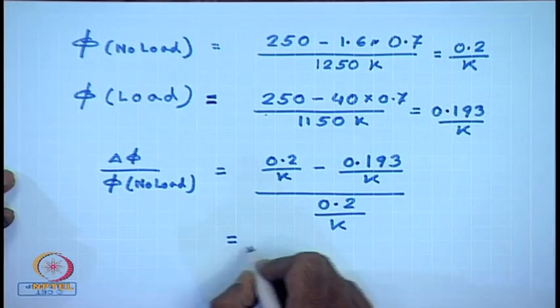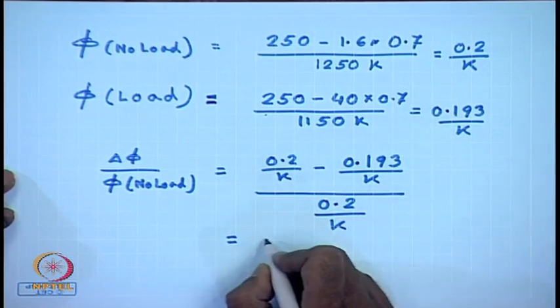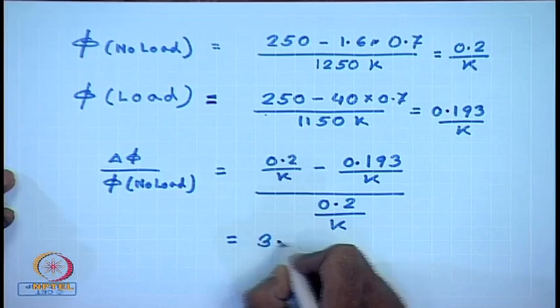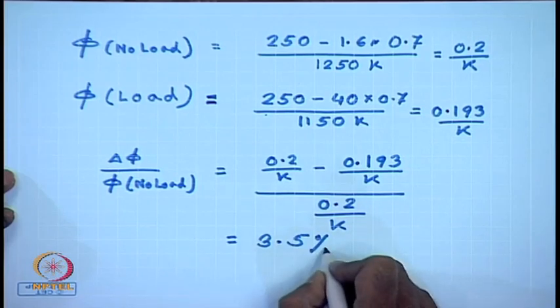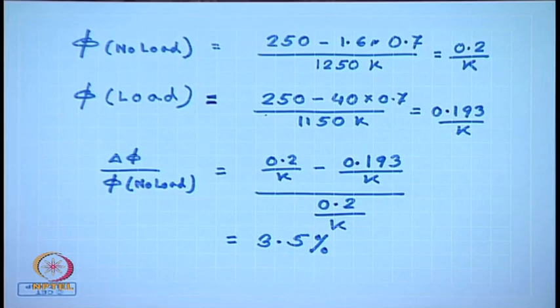This comes to 3.5%. So, from actual measured data we can find out the effect of armature reaction on the field flux.